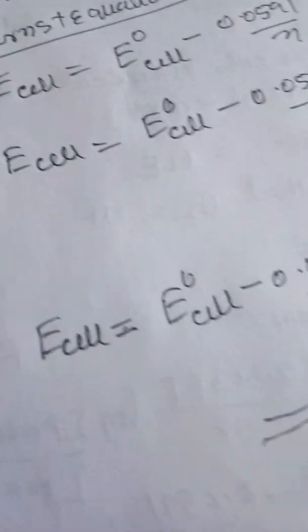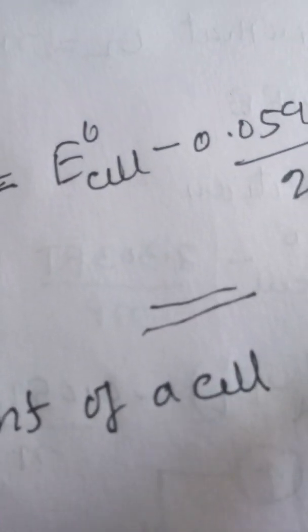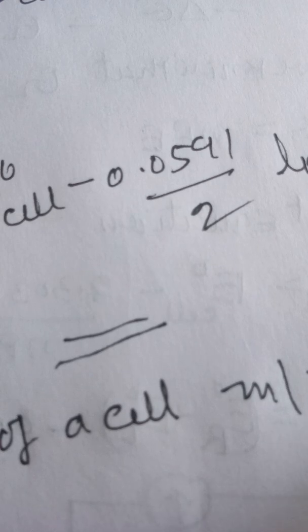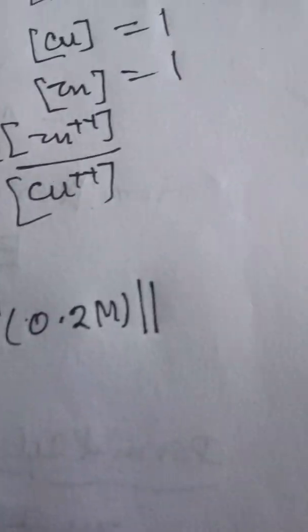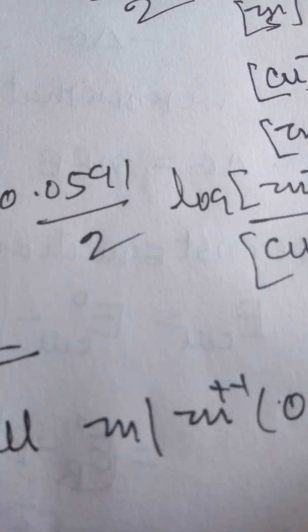Suppose this is the numerical: calculate the EMF of a cell, zinc into zinc ion, concentration is 0.2 M. Salt bridge, and in place of copper ion I put silver.